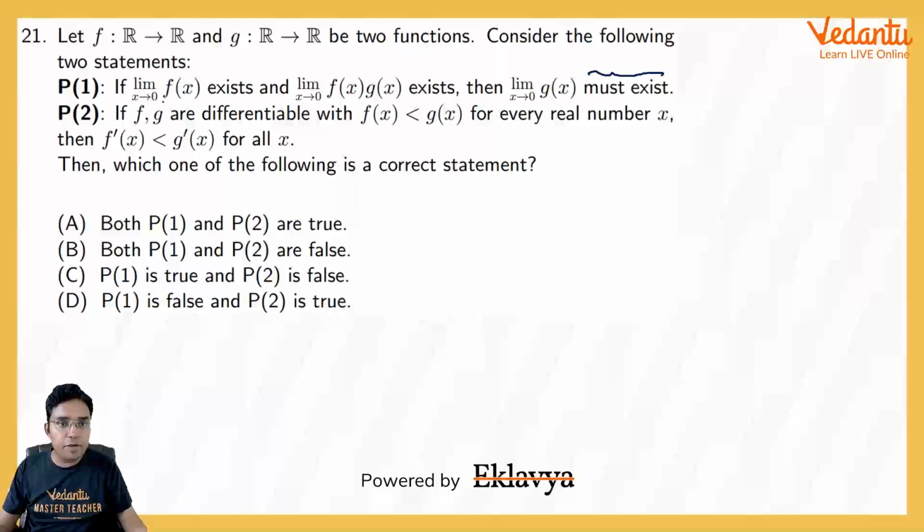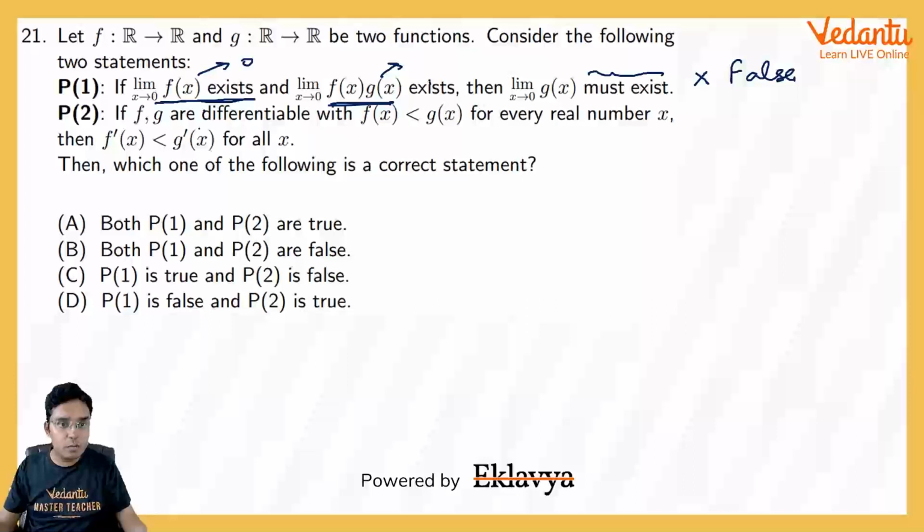Suppose f(x) approaches 0, and approaching 0 also comes under the category of existing limit. So if f(x) approaches 0, then whether g(x) exists or does not exist, this product limit may exist. So saying that if this exists, this also exists, then this will exist is wrong. So I will say this is false.